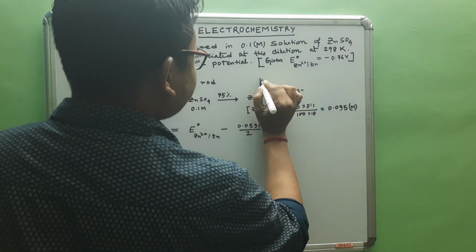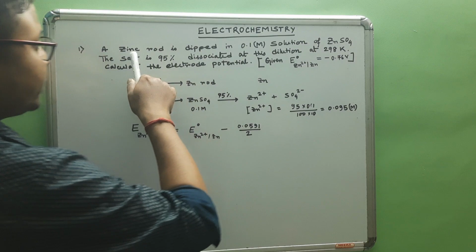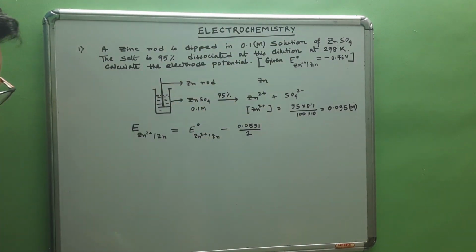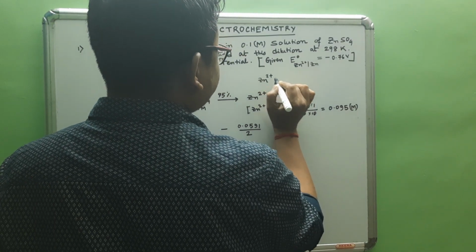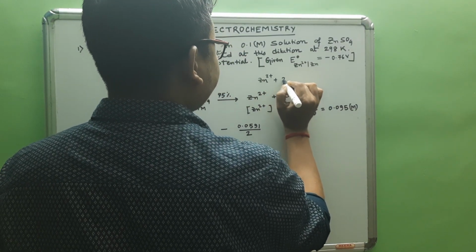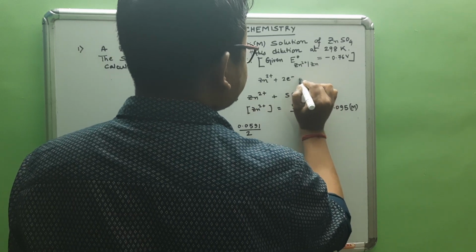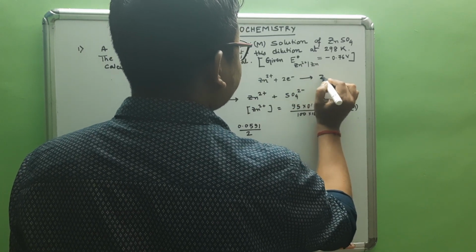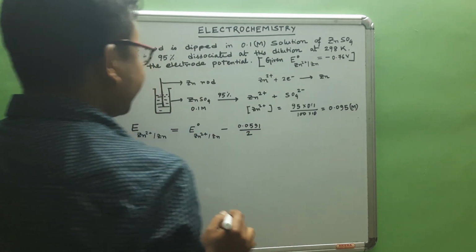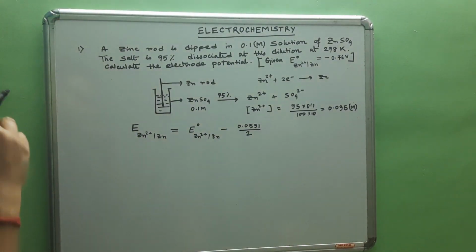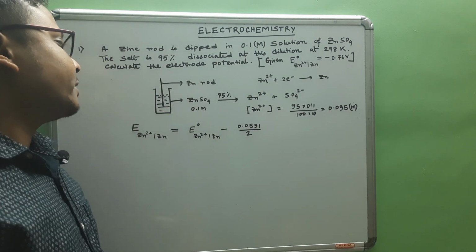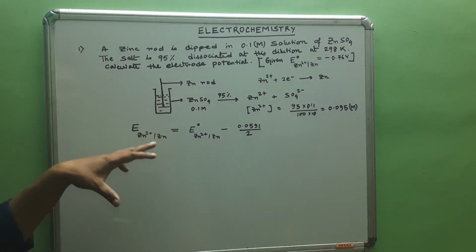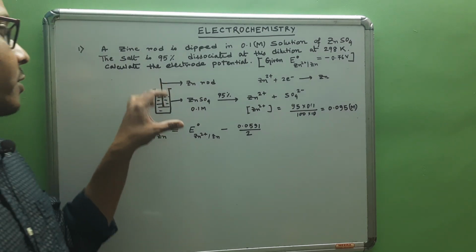The process is that when the zinc rod is dipped in zinc sulfate, the Zn2+ ion, after taking 2 electrons, gives zinc. So basically the Zn2+ ion from the zinc sulfate solution will be deposited on the zinc rod.